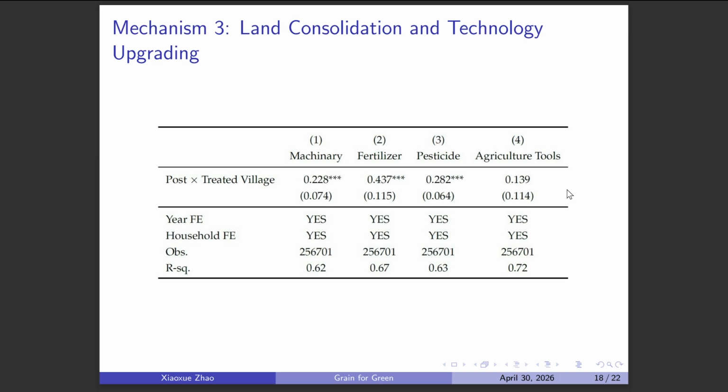All these results are highly consistent with the program significantly improving land consolidation, which facilitated mechanization and adoption of more capital-intensive farming technology that could potentially further boost agricultural productivity in the affected villages.